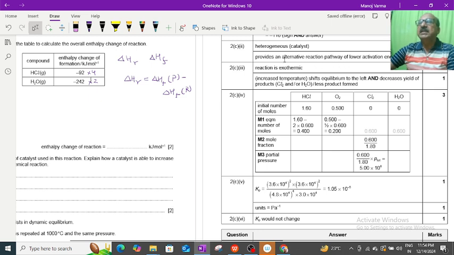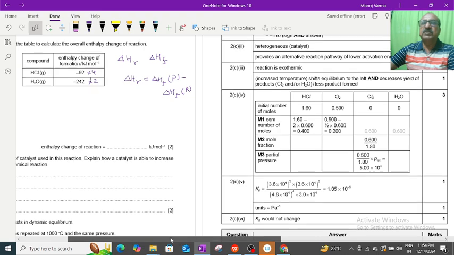So what a catalyst does is that it provides an alternative pathway, and this alternative pathway has lower activation energy. So when you use a catalyst, the activation energy becomes lower in comparison to when the catalyst was not used, and therefore the reaction becomes faster. So that's the answer. I think you understood this.